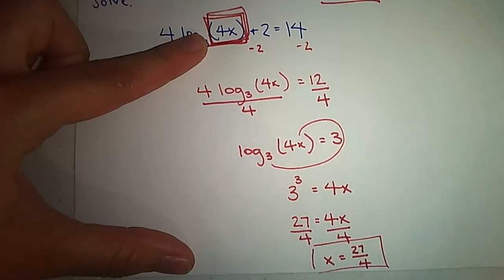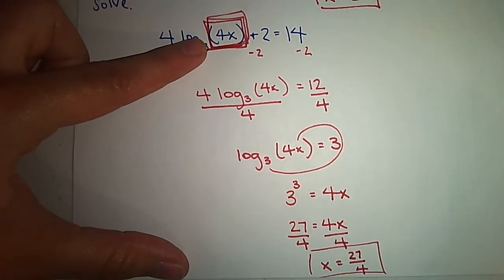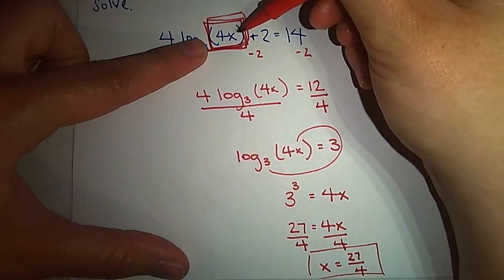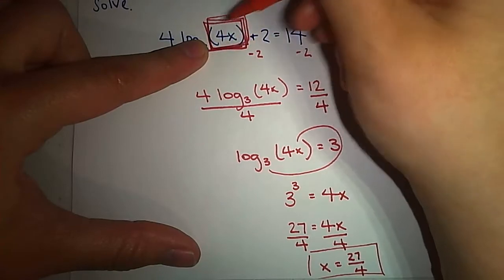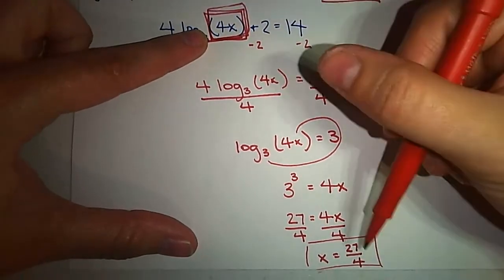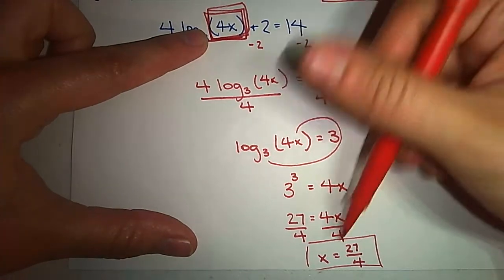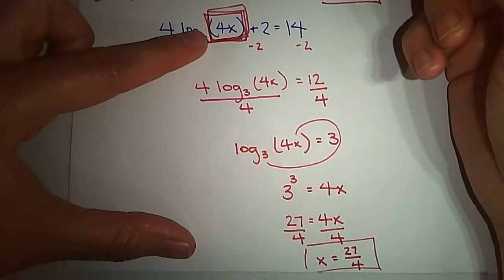So this answer works. If we would have gotten negative 27 divided by 4, when we plug that in, we end up with a negative argument. And again, we can't have negative arguments. So if this would have been negative 27/4 for our answer, we would have thrown that one out. It would have been extraneous.